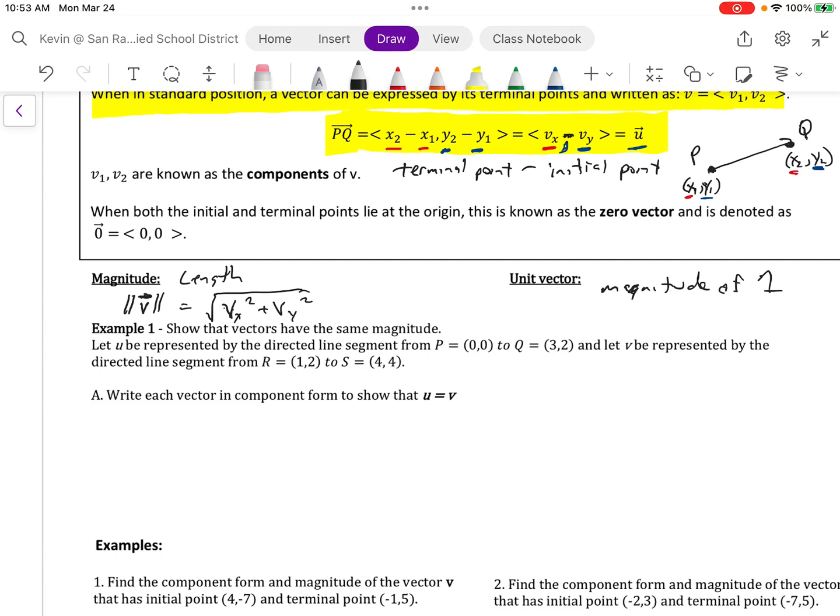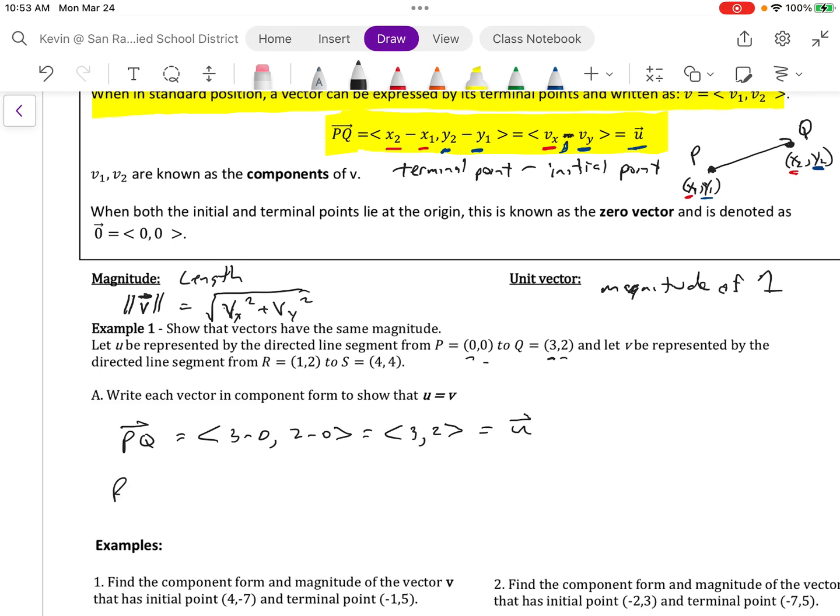We'll write each vector in component form to show that U equals V. So PQ would be 3 minus 0, comma, 2 minus 0, which equals 3, 2. There's our vector U in component form.